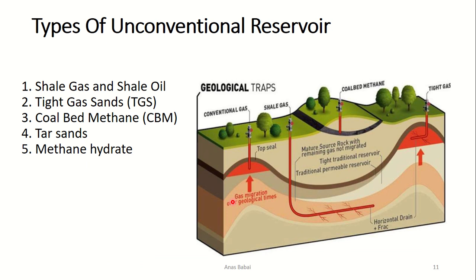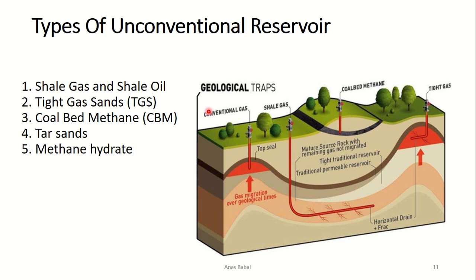Now we come to the types of unconventional reservoirs. So we have shale gas and shale oil, which are gas and oil that can be extracted from shale. We have another concept, which is gas shale and oil shale, and those are actually very fine grain lithology, which is shale that contains both gas and oil.